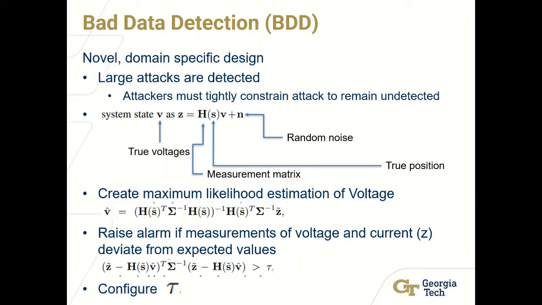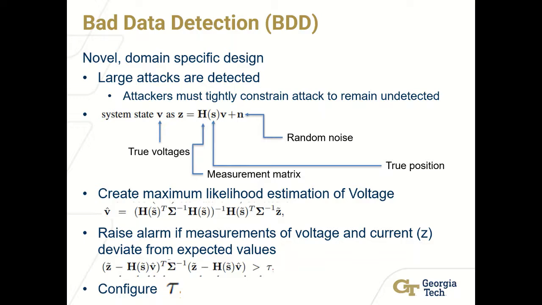And we're going to represent that as Z, which we calculate through a measurement matrix H, based on the true position S of all nodes in the system. We'll multiply that again by V and add in N, which corresponds to an allowance for random noise in the system.